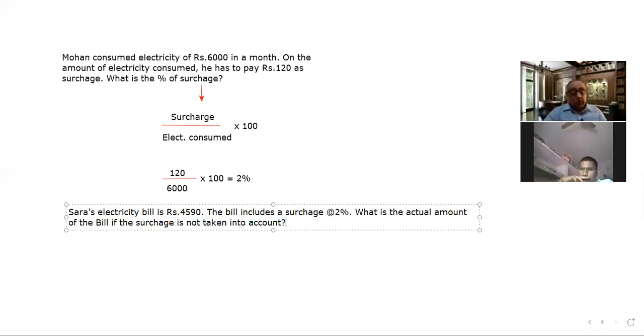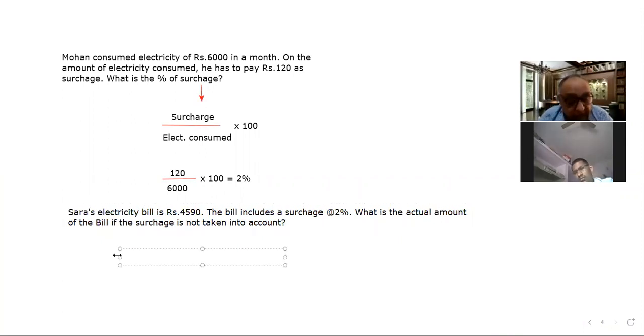So see, first of all, let me tell you in a very simple way. Let's suppose the amount of electricity consumed is A. Plus 2% surcharge, meaning 2% of A, is equal to 4590.